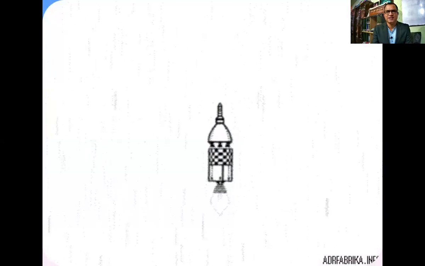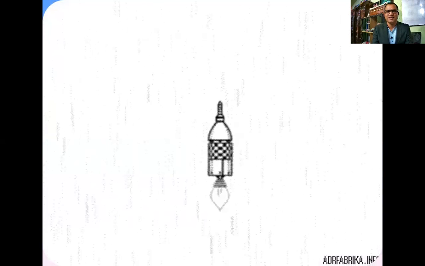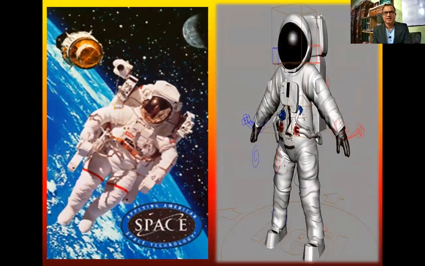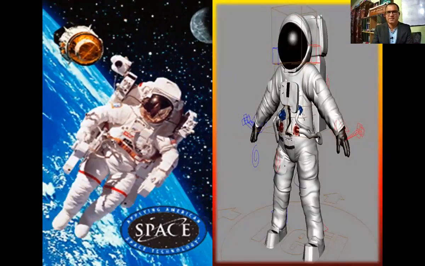Now, what does this picture indicate? This is a picture of a space shuttle. What is this? This is a picture of a human being in space.